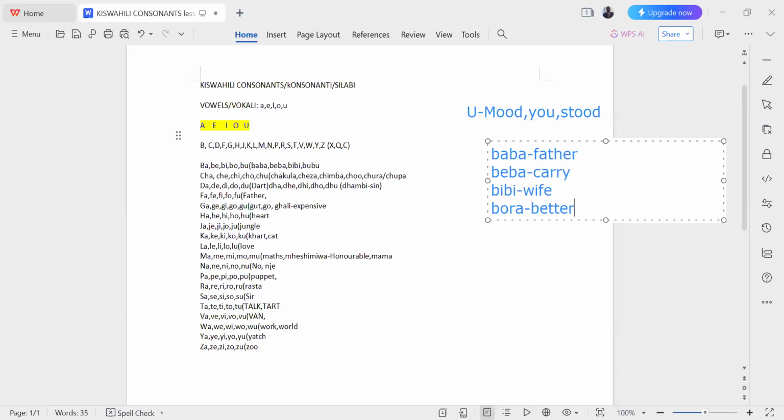Then bu, we have the word like bubu. Bu you can also repeat times 2. So it's bubu. Bubu means a dumb person, somebody who can't speak. So you see, there's a trend here.